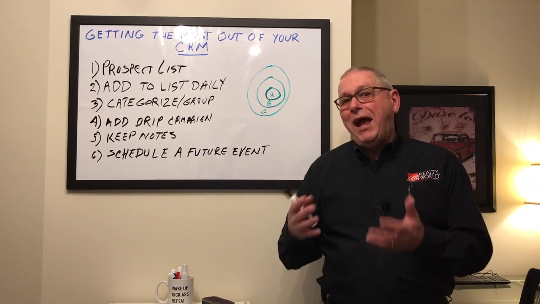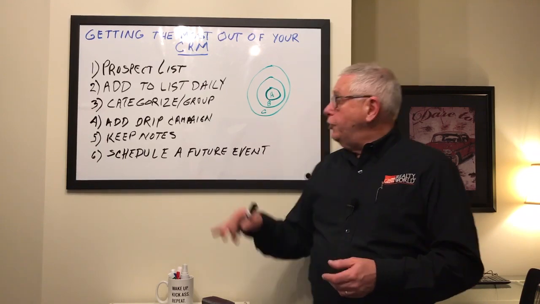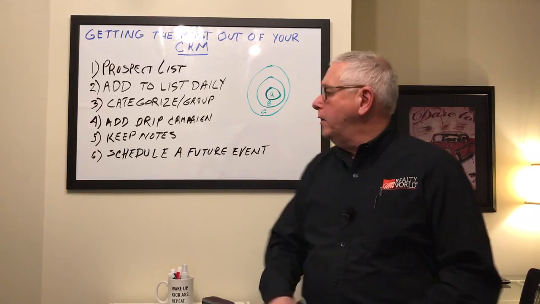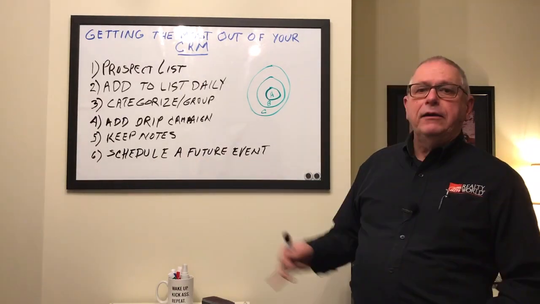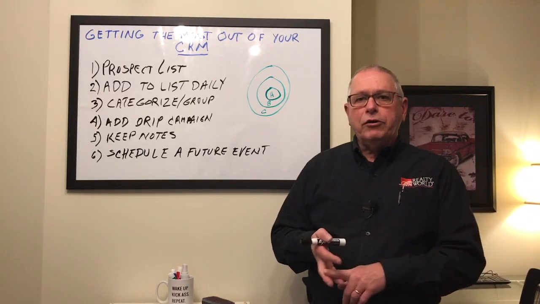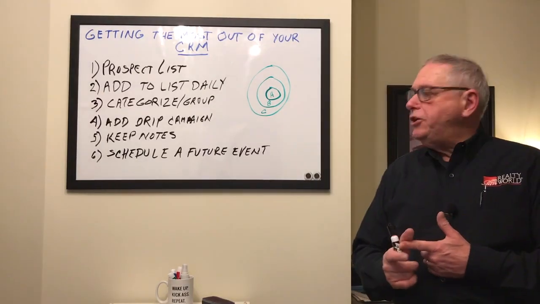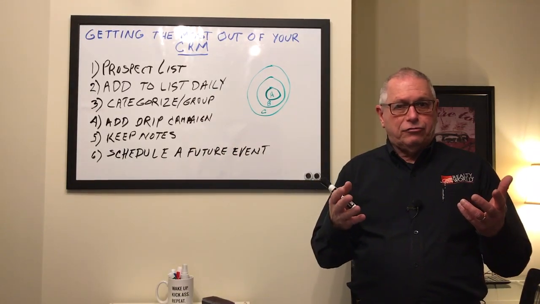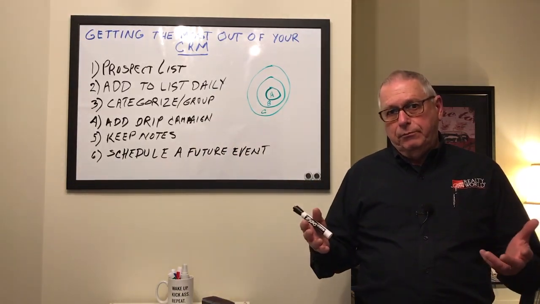Then in May or April, you may want to reach back out to them. So in your CRM, schedule a future event to give them a call, send them an email or text, or write them a note and remind them, and see if they're still on track to move in June.